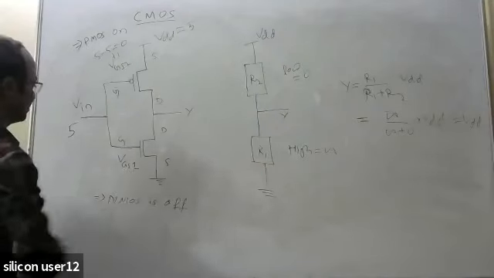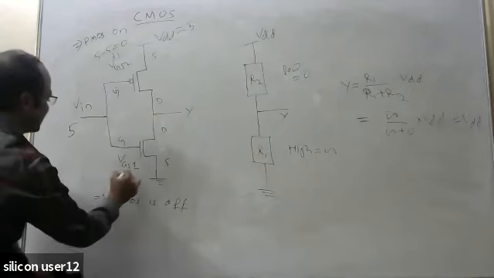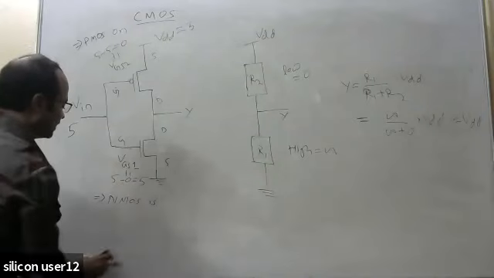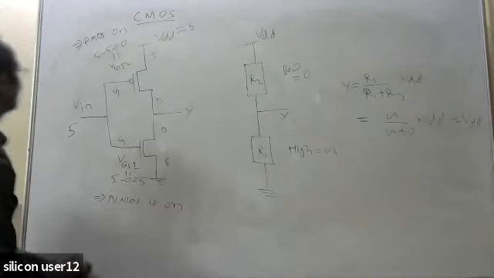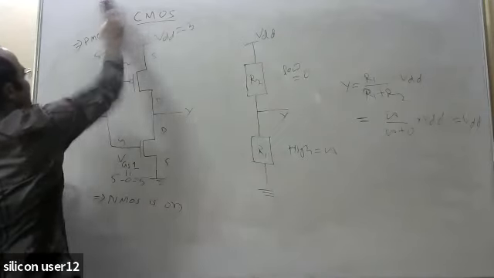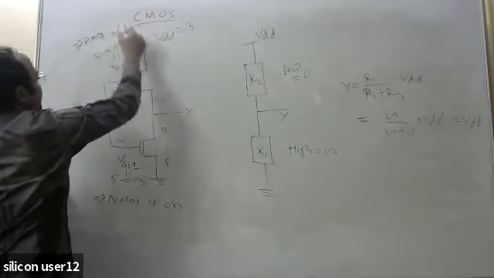I don't know why I'm making so many mistakes. Right, so it is 5 minus 0 equal to 5, so here it is on. Here 5 minus 5 is 0, so the PMOS is off.